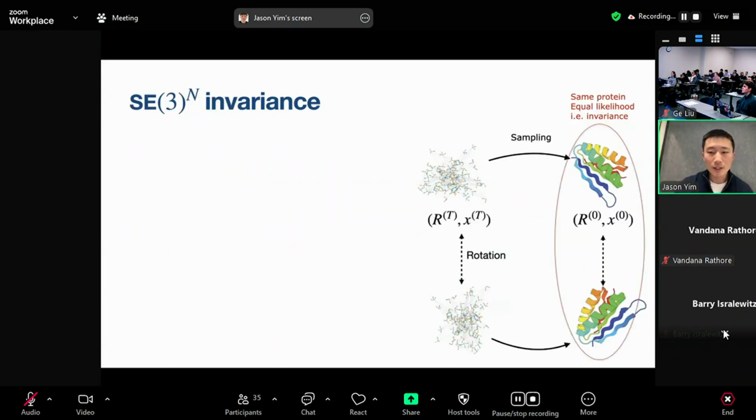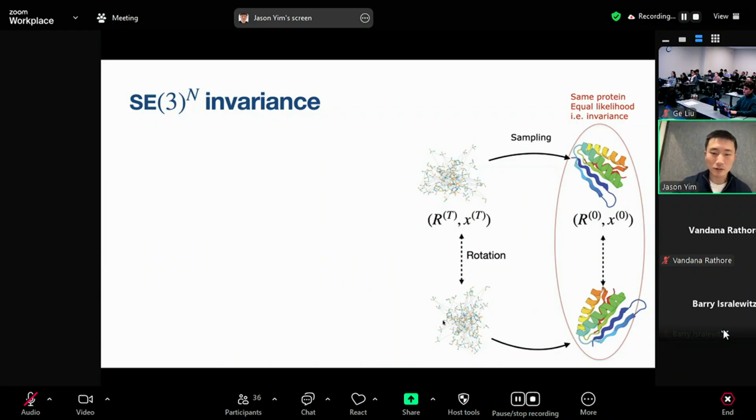The other thing to mention is invariances and equivariances. Intuitively, if you rotate a protein, then it's still going to be the same protein basically. So we want a way to sample proteins such that if you rotate the noise, then it's also going to rotate the structure. So for instance, let's say this is a noise I sample, and then if I run the model, it's going to sample this protein.